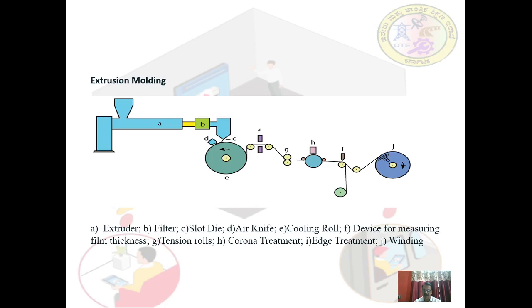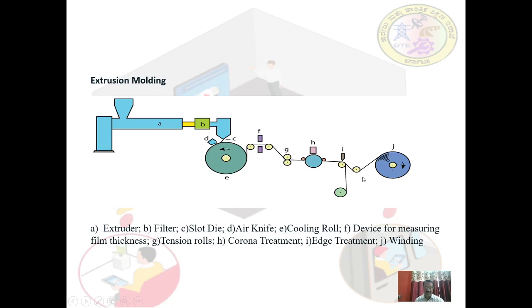F, device for measuring film thickness. G, tension roll. H, corona treatment. I, edge treatment. And J, winding reel.